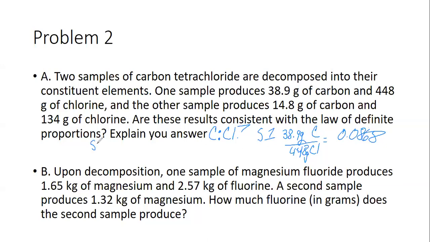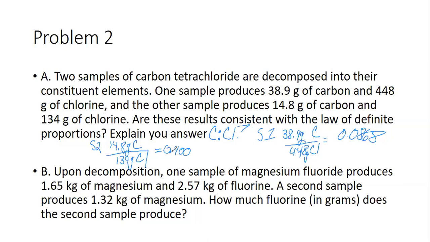So my sample 2, I have 14.8 grams of carbon for 134 grams of chlorine. When you do that, you get 0.400, I believe. So you get 2 different numbers, which is bad. Well, bad in that we just broke a law of chemistry. So explain your answer.